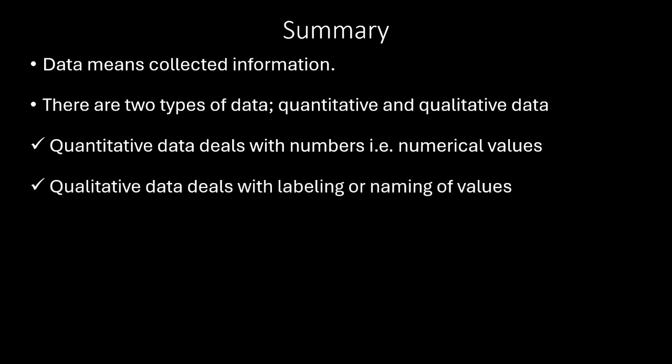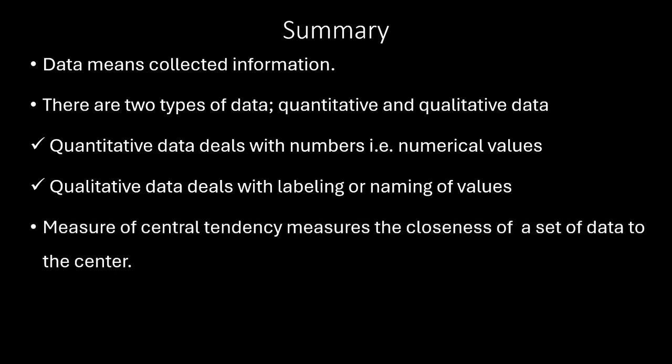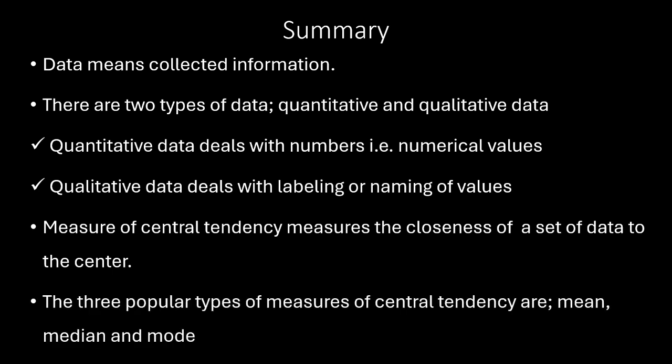You have also learned that measure of central tendency measures the closeness of a set of data to the center. You have also learned that the three popular types of measures of central tendency are mean, median, and mode.